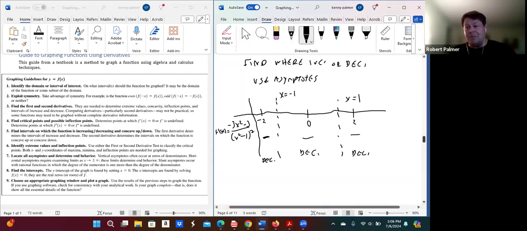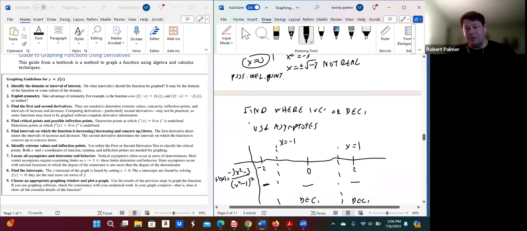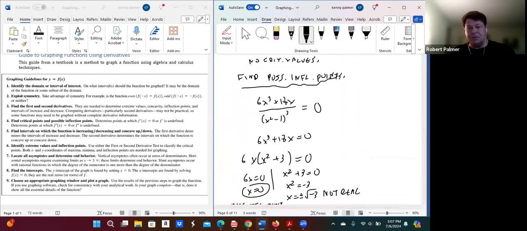Now let's also think about our possible inflection point. Here I'll just say find concavity, and where it's concave up or concave down. Let's figure that out. We're going to use our possible inflection point. Our second derivative was this.